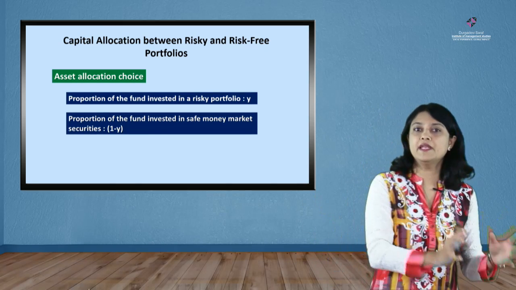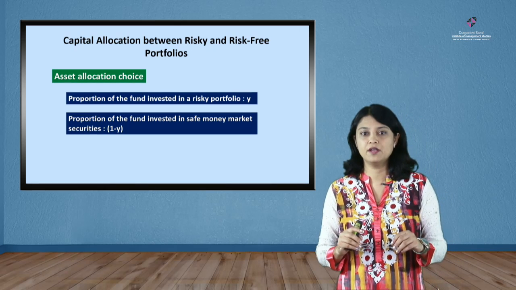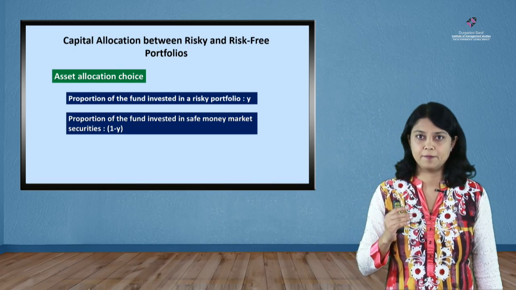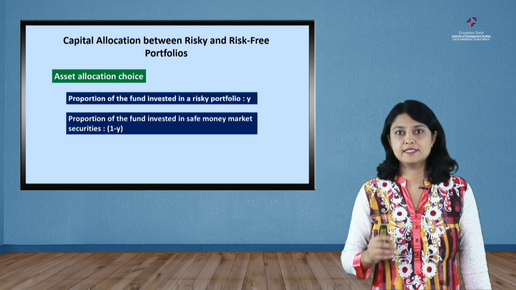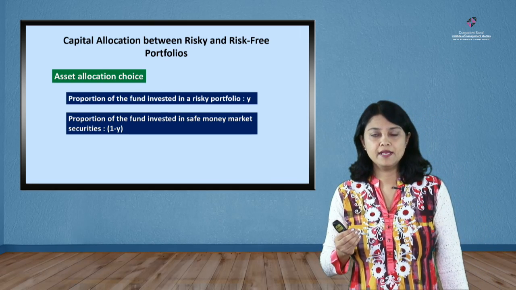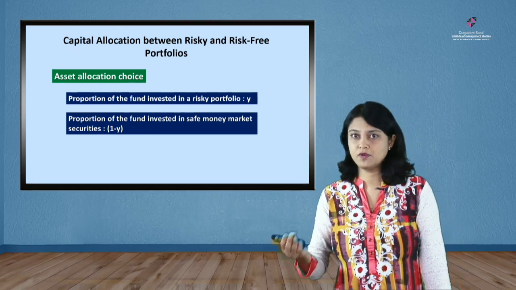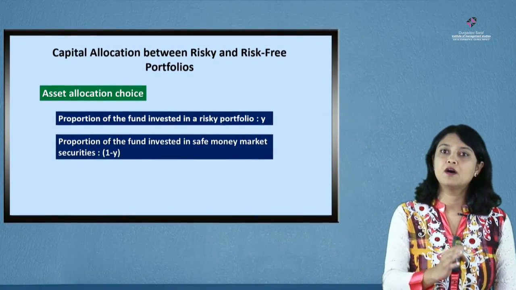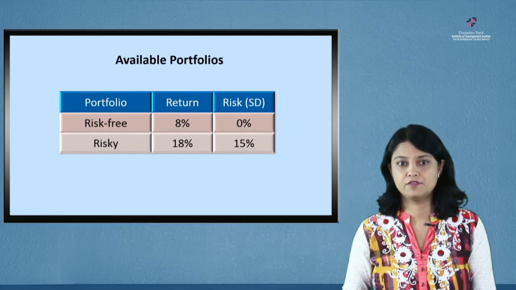So, the remaining part will be invested into risk-free assets, and that will be 1 minus Y. So, for example, if Y is 0.1, 1 minus Y would be 0.9, right, 10% and 90% like that. Similarly, so on and so forth.